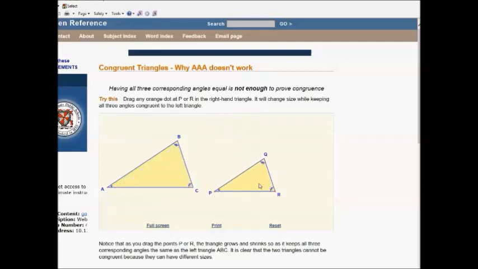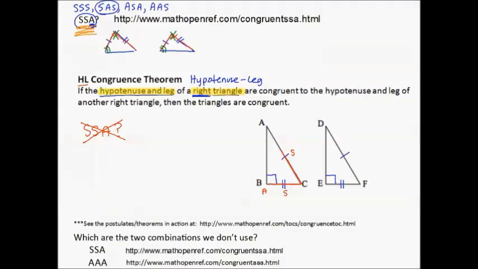All three angles are congruent to all three angles, yet if the sides are not fixed, if I do not have at least one fixed side, I can make the triangle as small or as big as I want, and still the angles will be the same. Now it'll be the same shape, the same kind of triangle, it'll just be different sizes. But congruent triangles have to be same size and shape. So SSA and AAA are the two we don't use. We have to have at least one side, and we can't spell the bad word.